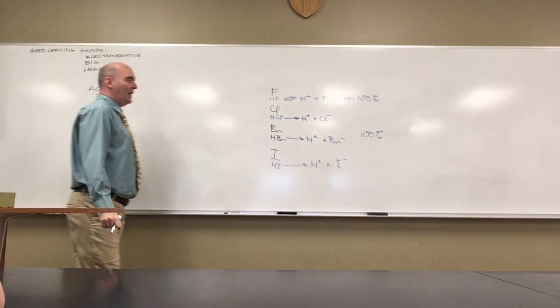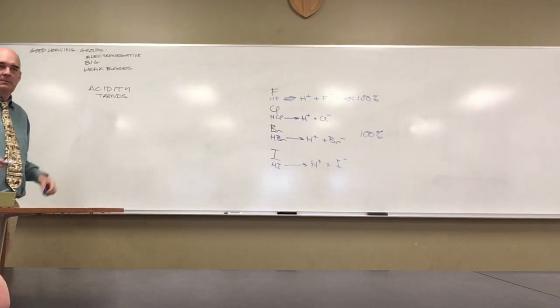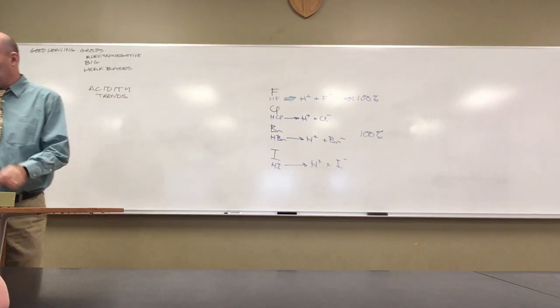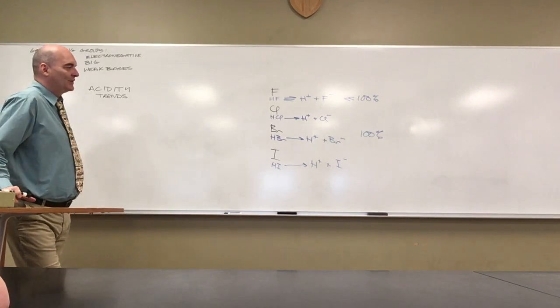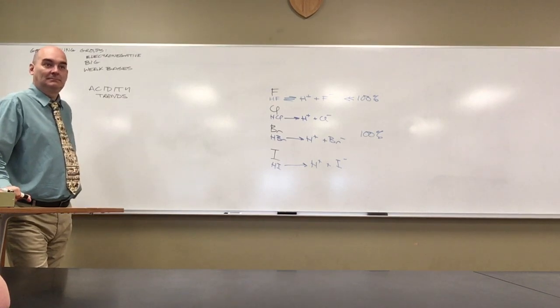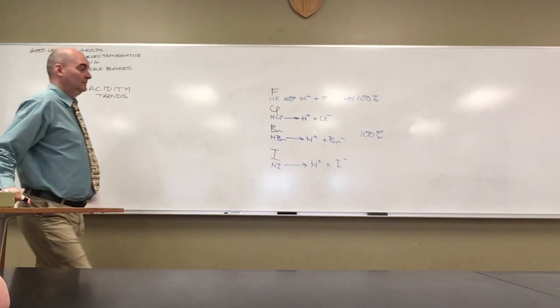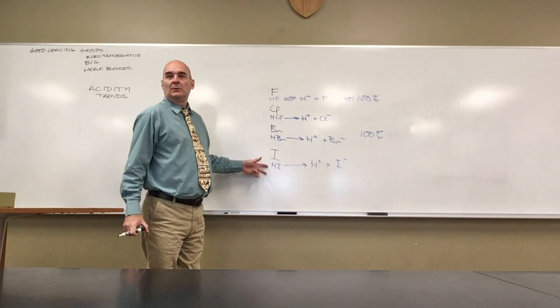So what is the trend in acidity down group 7? Which one of the atoms in group 7 is the most acidic? That's the most acidic. Which one's the least acidic?